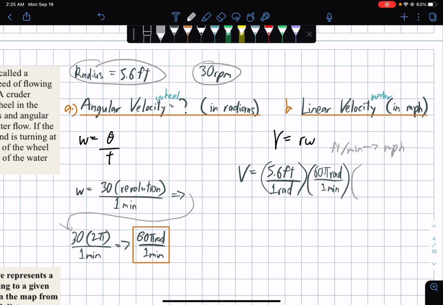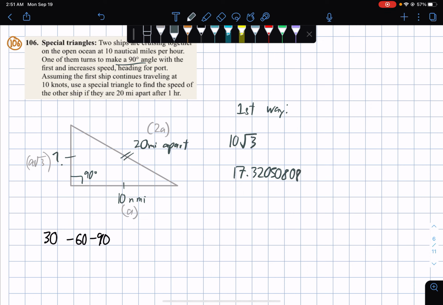So 10 times the square root of 3 is 17.32050808, or 17.32 miles. This is the distance, if you say nautical miles.